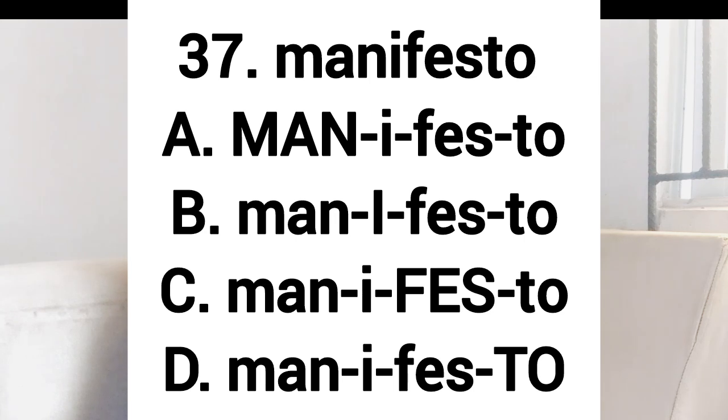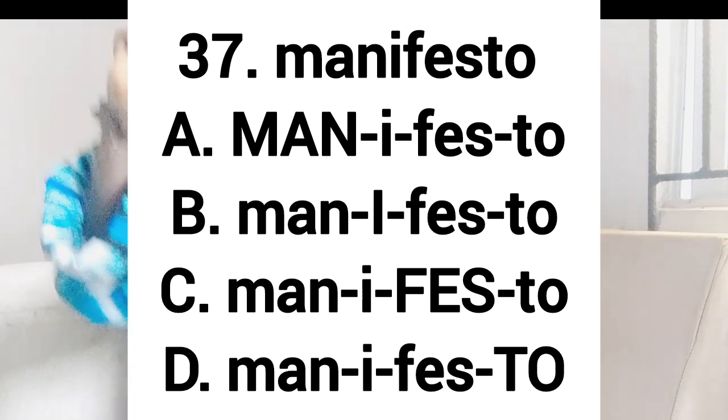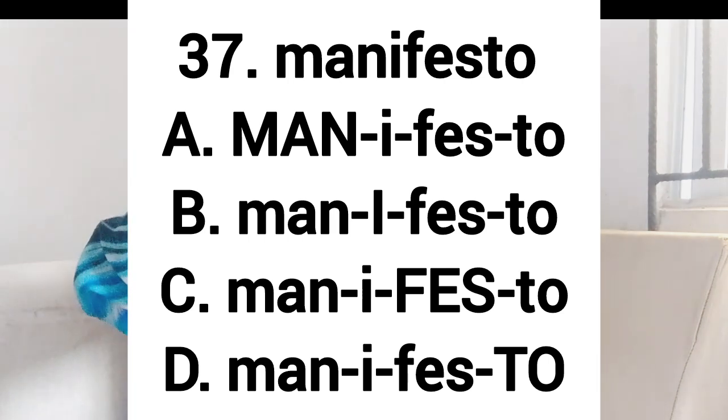Only then can you be able to answer questions on stress. The question I have on number 37 is manifesto. It is not manifesto, it is manifesto. So your stress is on ma. And manifesto is a noun. I'm sure you know what manifesto is. Next, I have collocation. That is number 38.